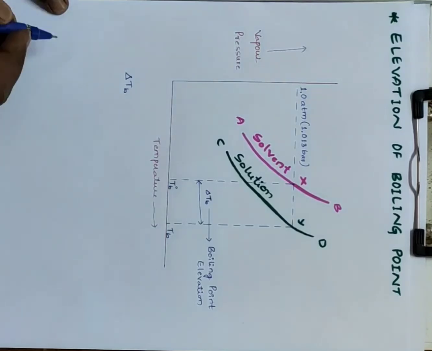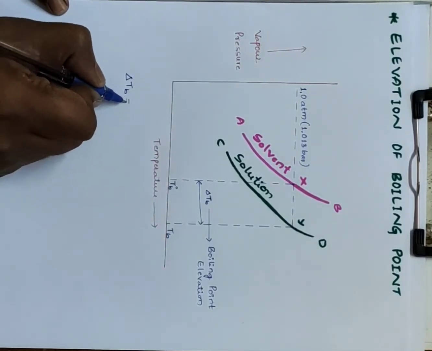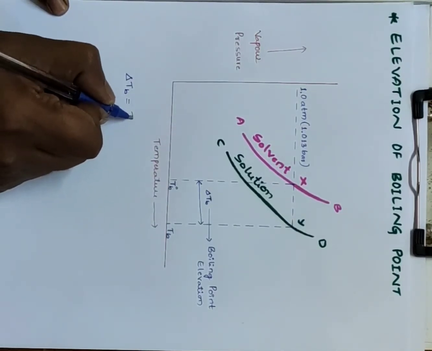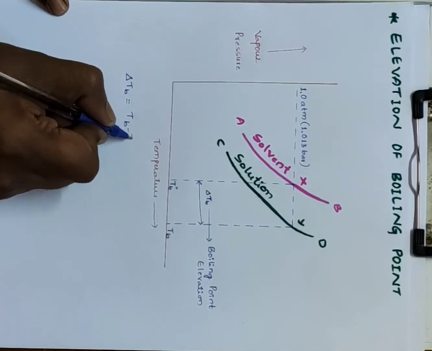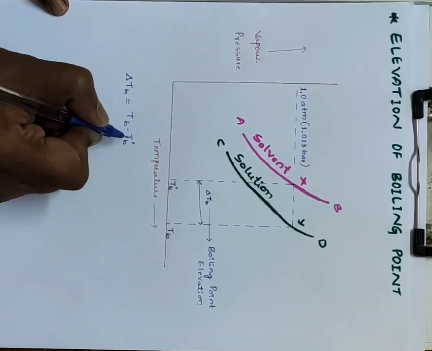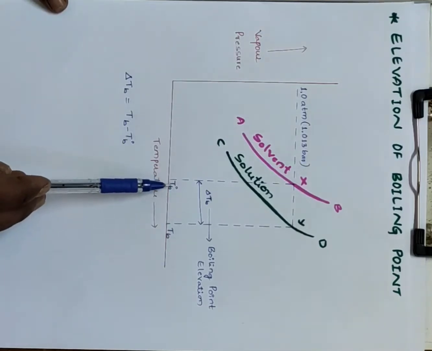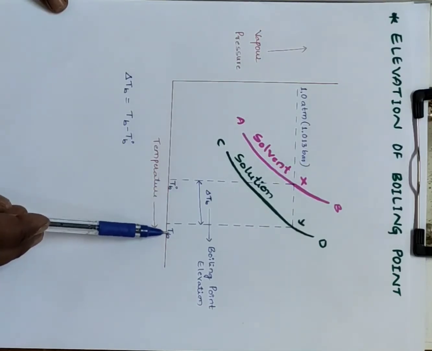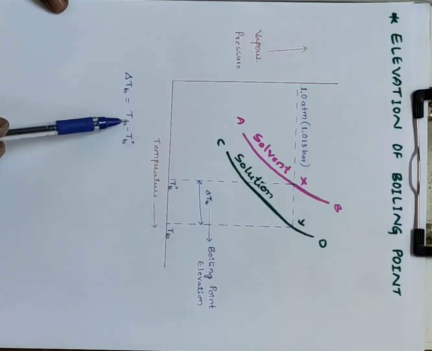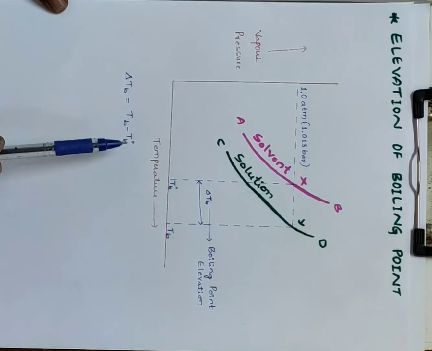So this delta TB can be determined by TB minus T0B, that is, the boiling point of solution minus the boiling point of pure solvent.